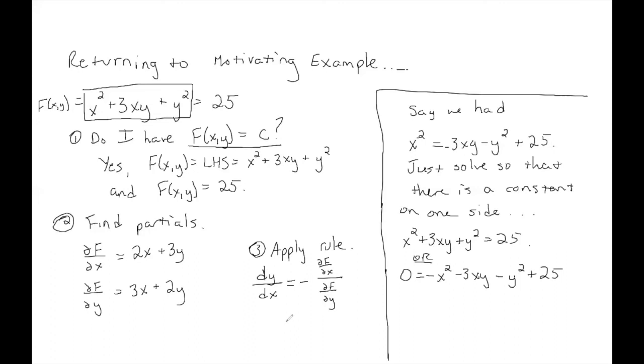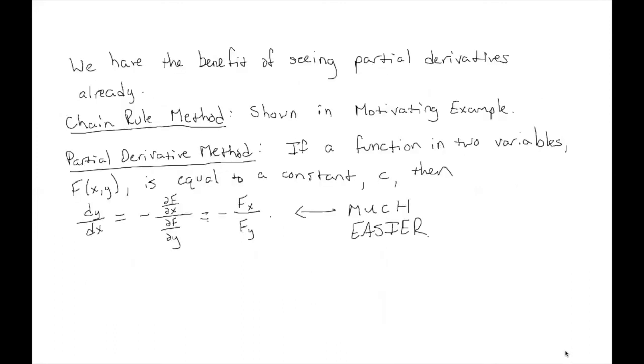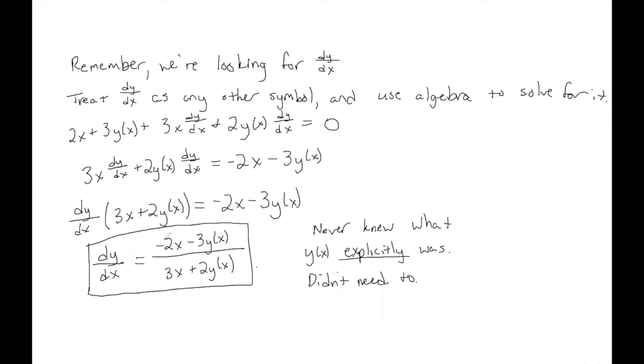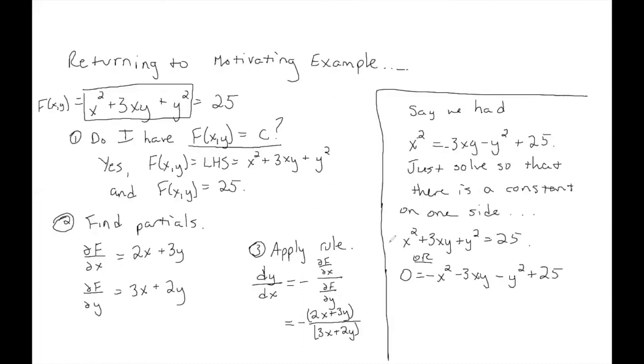I know what these values are, so I get negative (2x plus 3y), and parentheses are recommended, over 3x plus 2y. Checking our answer, we had negative 2x minus 3y over 3x plus 2y. Same thing, and this way is a lot shorter.